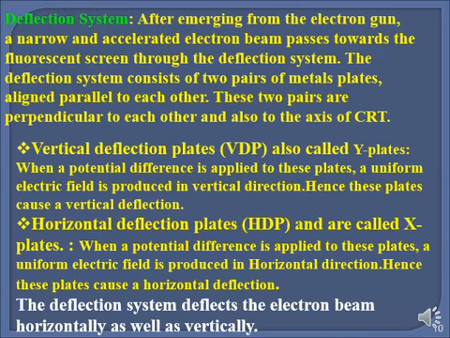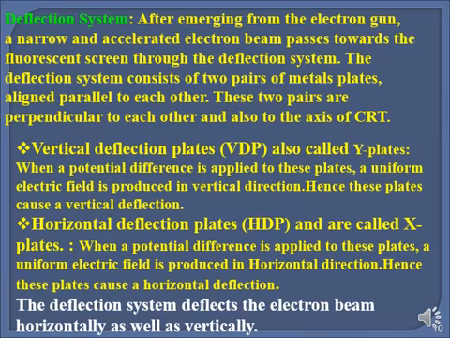The vertical deflecting plates are also called Y plates. When a potential difference is applied to these plates, a uniform electric field is produced in the vertical direction. Hence, these plates cause vertical deflection of the electron beam. Then the horizontal deflecting plates, in short form known as HDP, are called X plates.